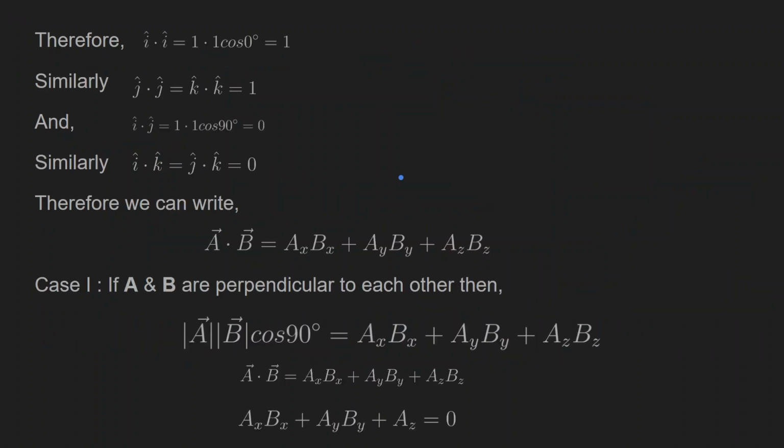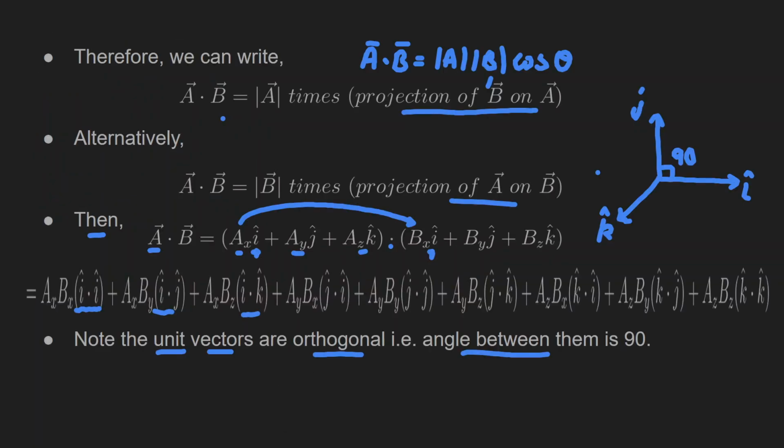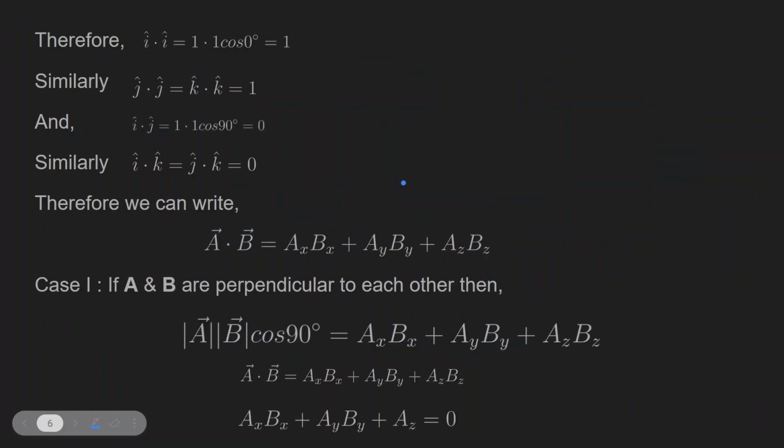Now we will use this. Over here we have some terms. What do we do about i dot i, i dot j, i dot k, etc.? Take i dot i. The unit vector i has magnitude 1, and this i also has magnitude 1.